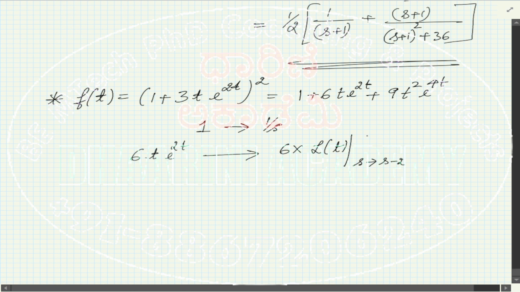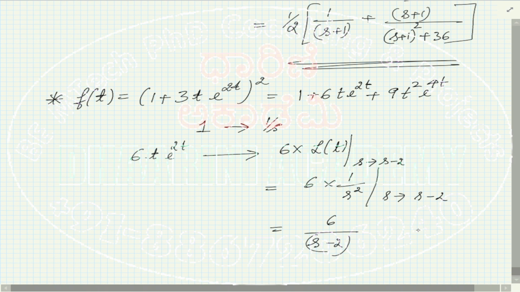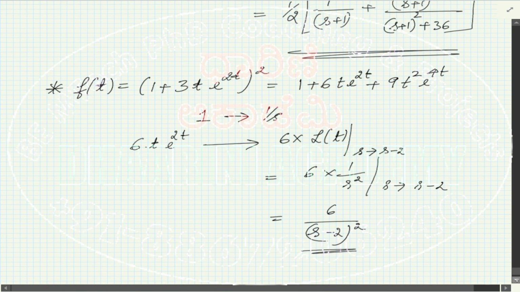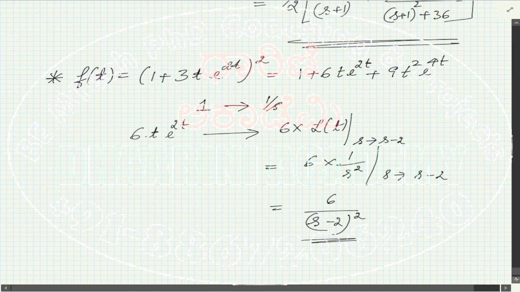So what is L of t? Laplace of t to the power 1 is 1 by s square. So this is equal to 6 into 1 by s square with s replaced by s minus 2. So this is 6 divided by s minus 2 the whole square, which is the answer for 6t e to the power 2t.